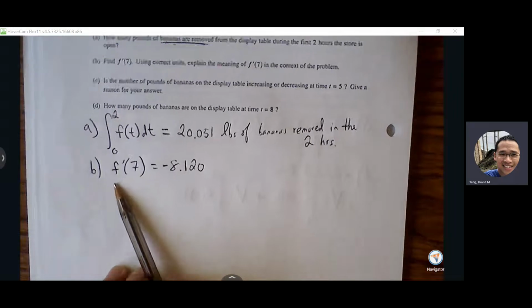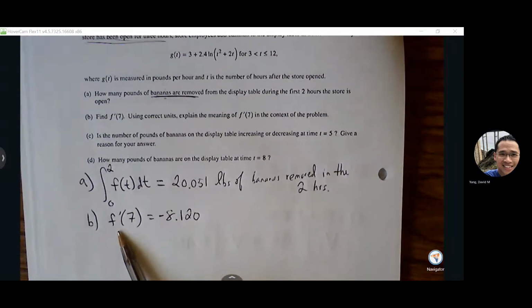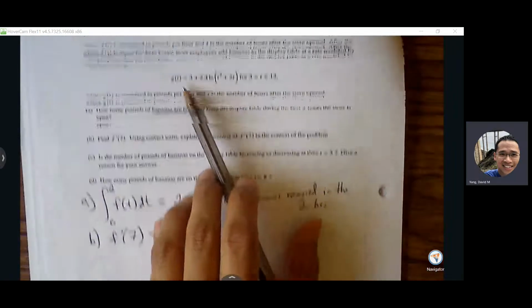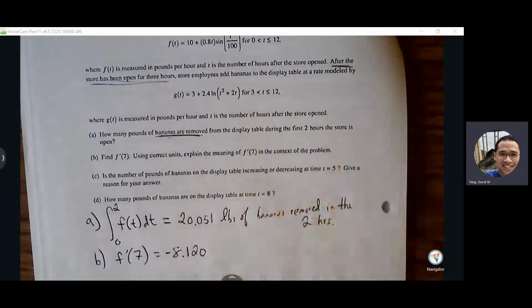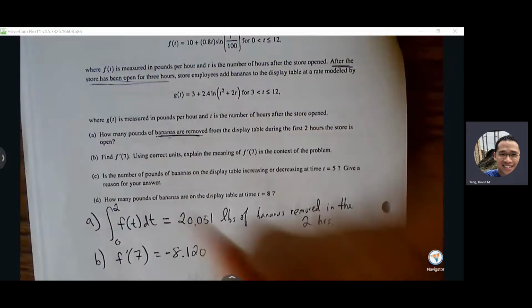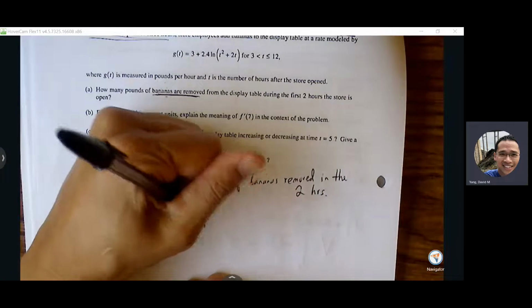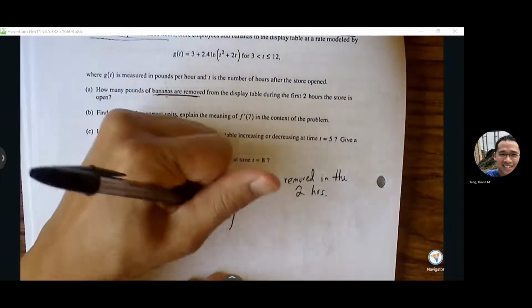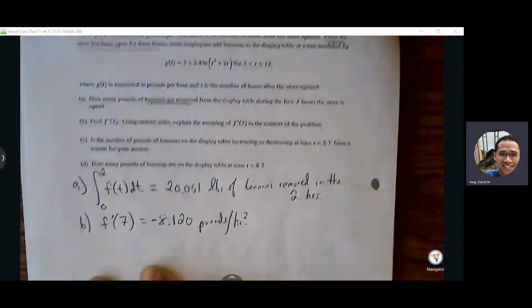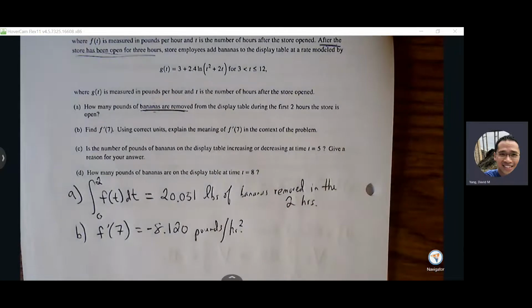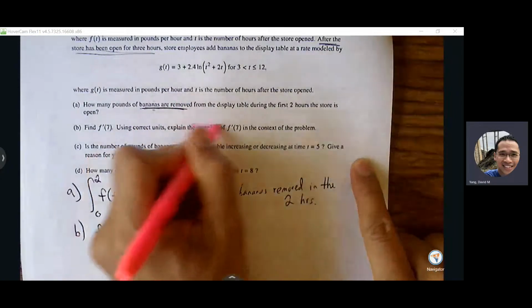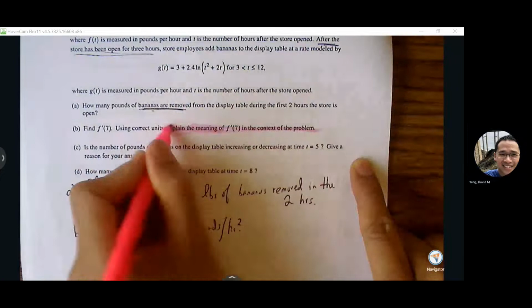What's the unit of measure, though, for f prime of 7? Good, right? Because f of t is pounds per hour. So if I take the derivative of that, it's pounds per hour squared. Now, it says explain the meaning in the context of this problem.